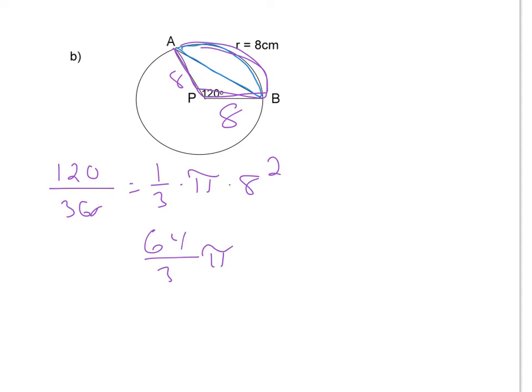Now I need to find the area of my triangle. Let me erase. Okay, let's keep in mind that my radius is 8, and I can do this a bunch of ways, but I'm going to choose to do this right here. I'm going to divide my angle in half at 120 and create a 60. That's going to be a right angle right here and a right angle right there.